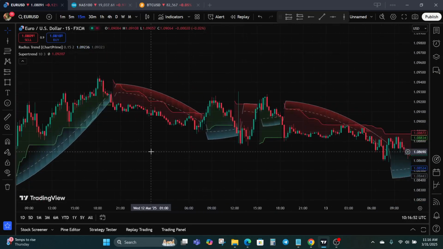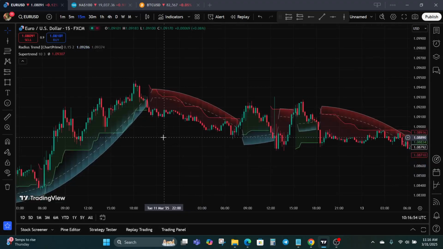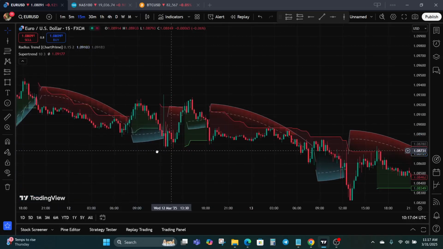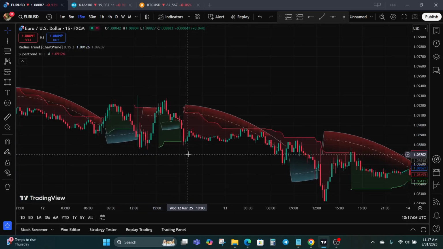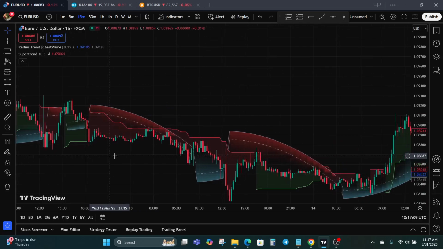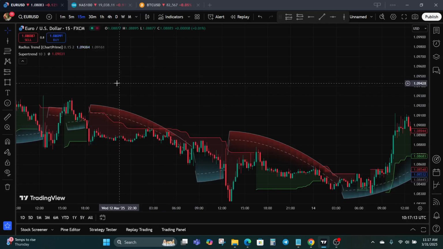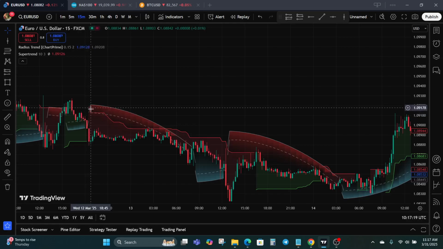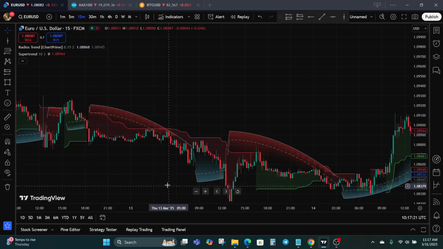And if you watching can also observe something else on the chart, feel free to point it out in the comment section. One of the things that I personally can observe is the radius trend being faster than the super trend. But it seems as if it's not all the time. In the particular example we highlighted the radius trend was faster, but here it seems like both the radius trend and super trend gave a sell signal at the same time.